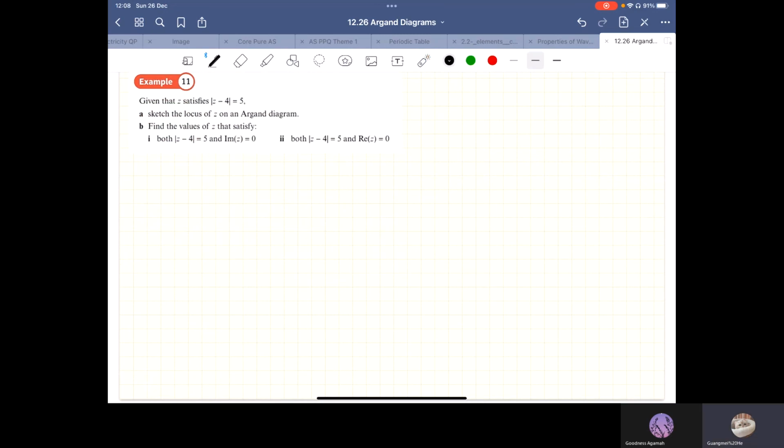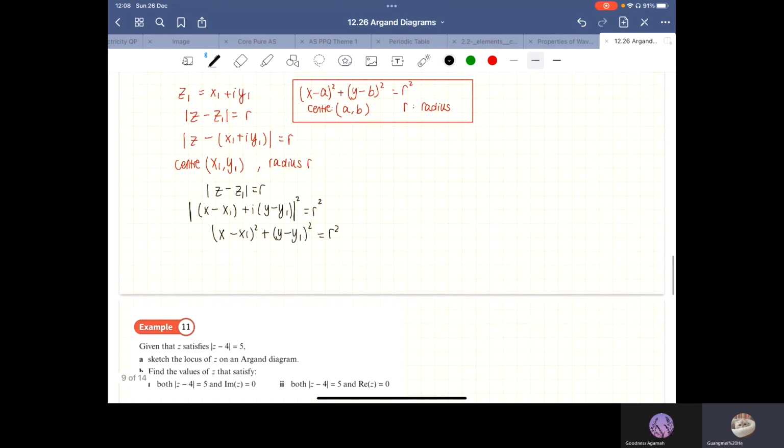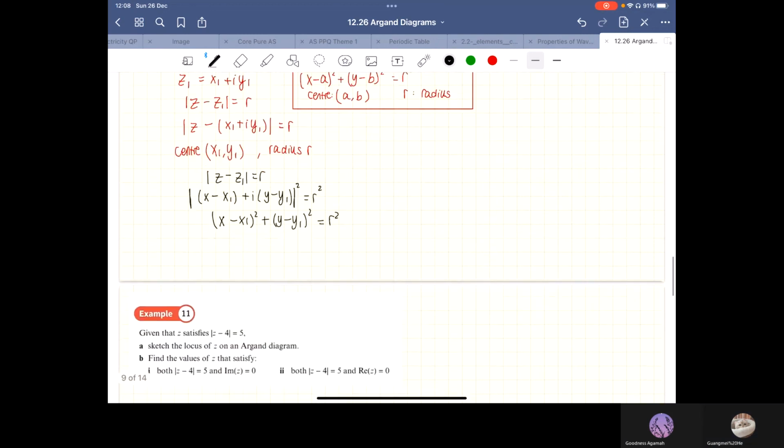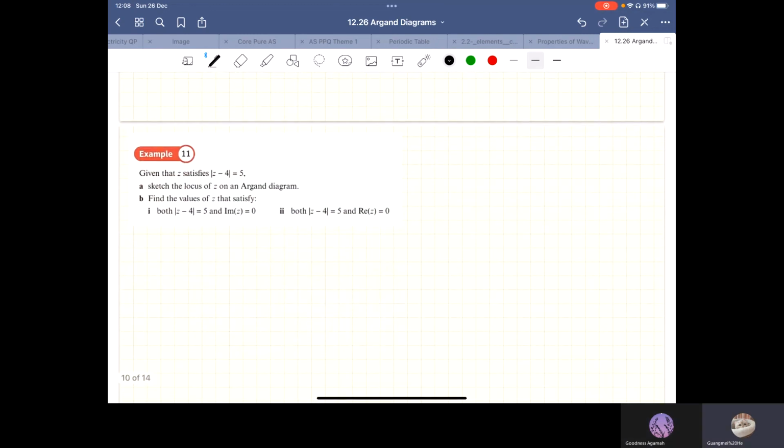Given that modulus z minus 4 is equal to 5, sketch the locus of z on an Argand diagram. According to this form here, this is a circle, and we know the center and the radius of the circle.